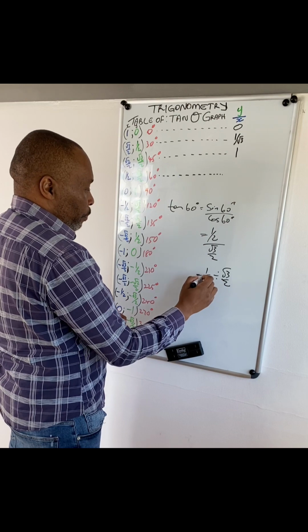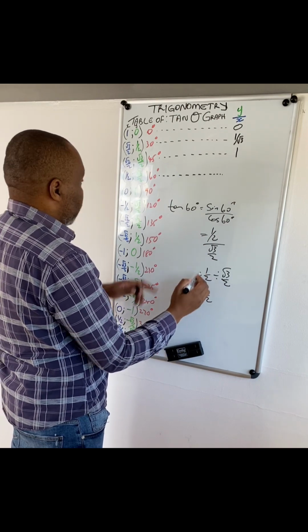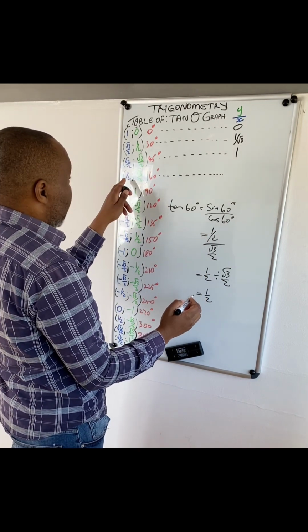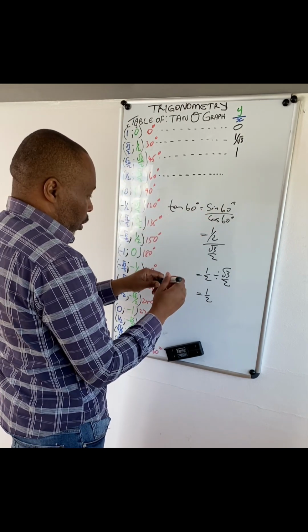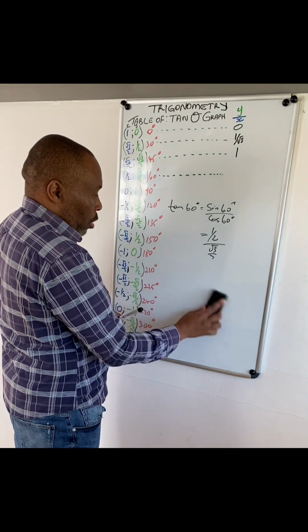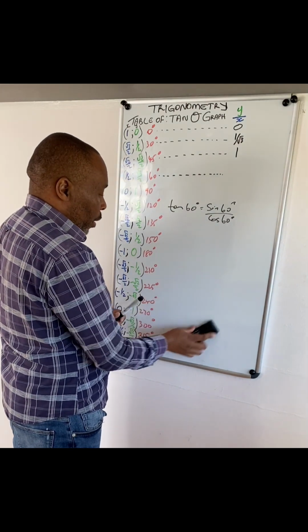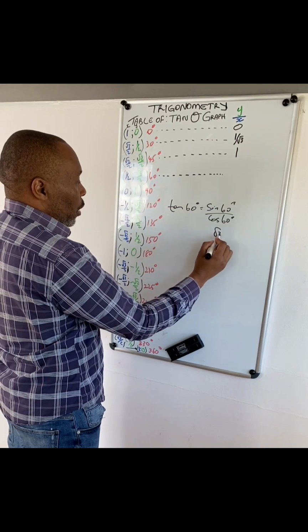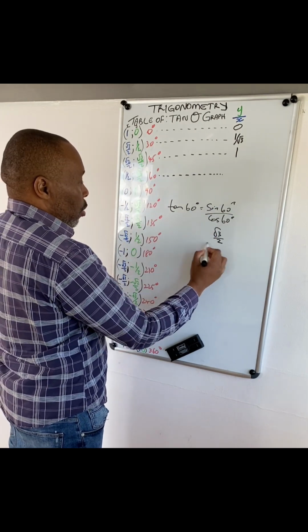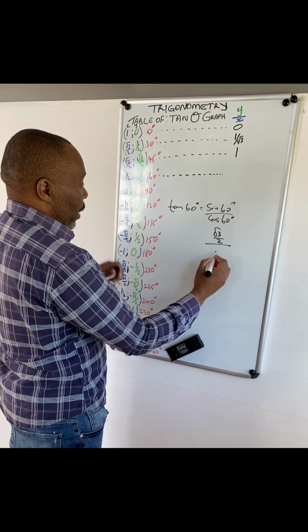Sine of 60 is not half, it's root 3 over 2. Sorry, my bad. Sine of 60 is root 3 over 2 over cos of 60, which is half, right?